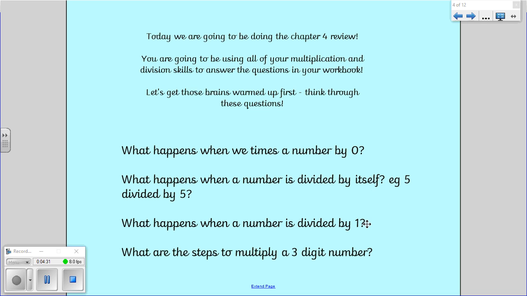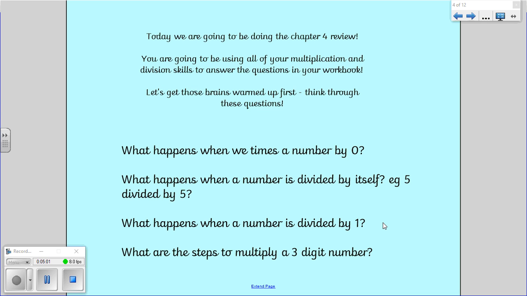Fantastic. Okay, number 3, what happens when a number is divided by 1? So if we have a think about 5 divided by 1, how many 1s are in the number 5? Well, the answer is 5. So when we divide a number by 1, the answer is always going to be the number that we are dividing into.